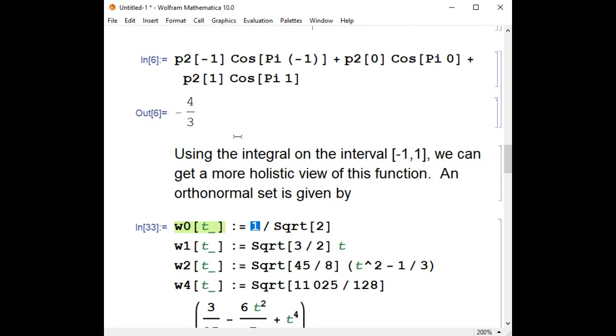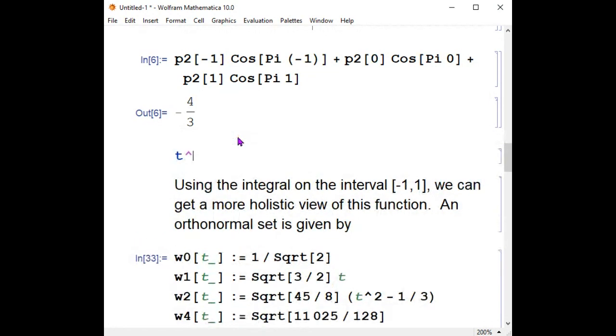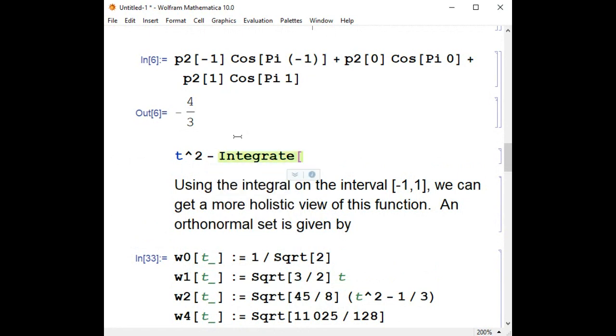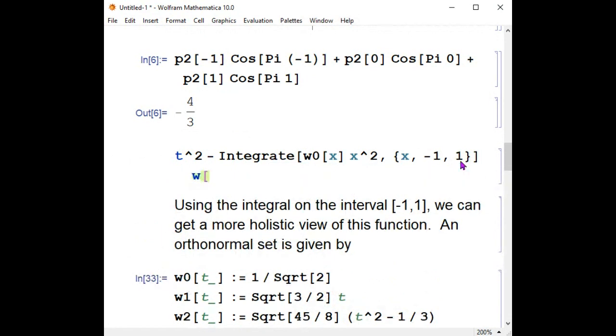In order to do t squared, I had to do this. T squared minus the integral of w0 of t, or I need to use a different letter here. So I'm going to use x times x squared from -1 to 1. So this is the inner product, w0, with my new vector. And then I have to multiply by w0 of t.